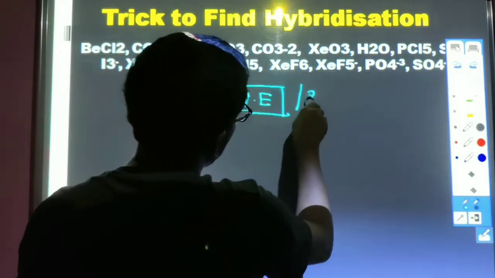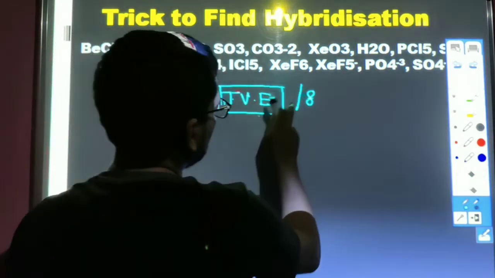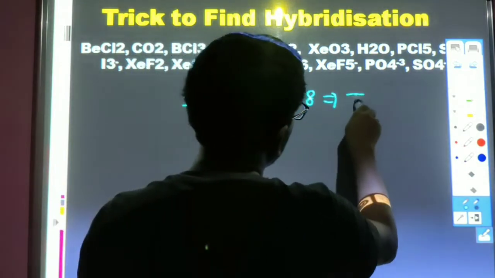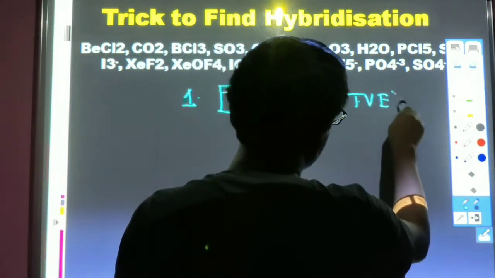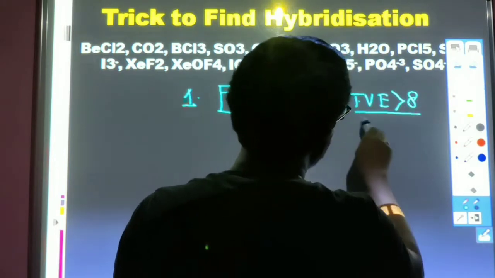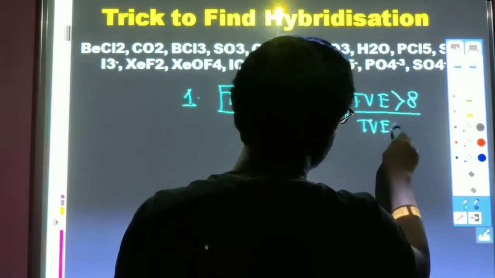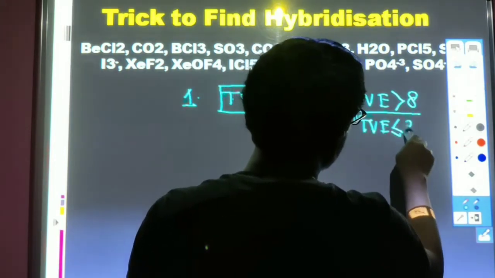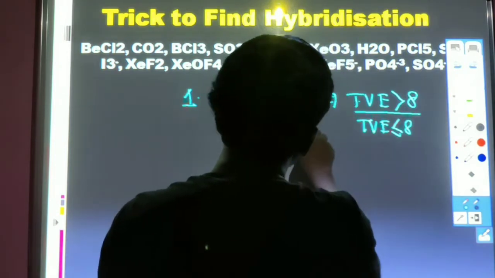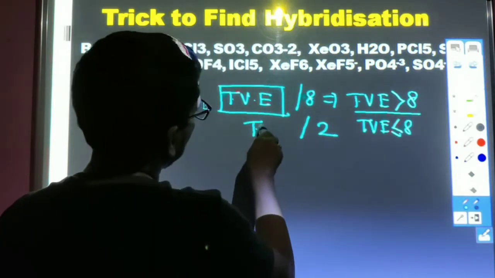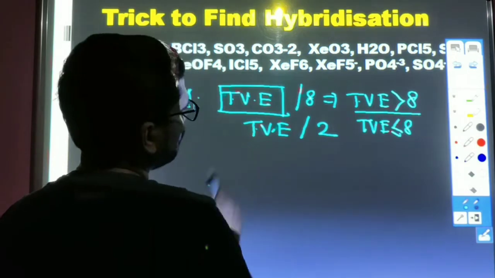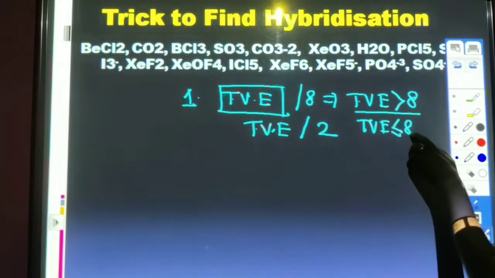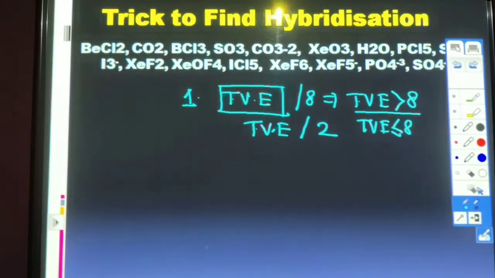You just divide it by 8 if TVE, total valence electron, is more than 8. Or else you just divide by 2, if total valence electron is equal to 8 or less than 8.